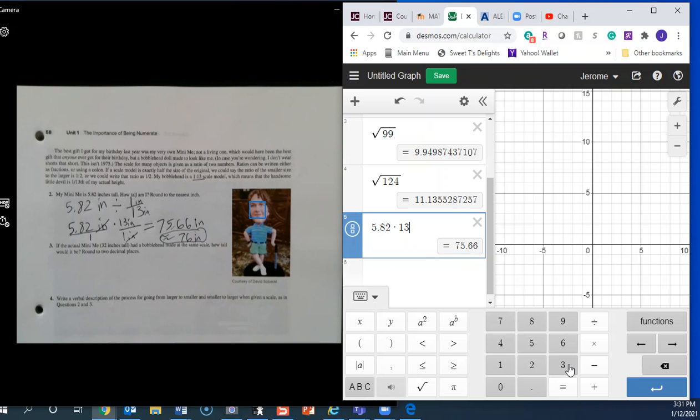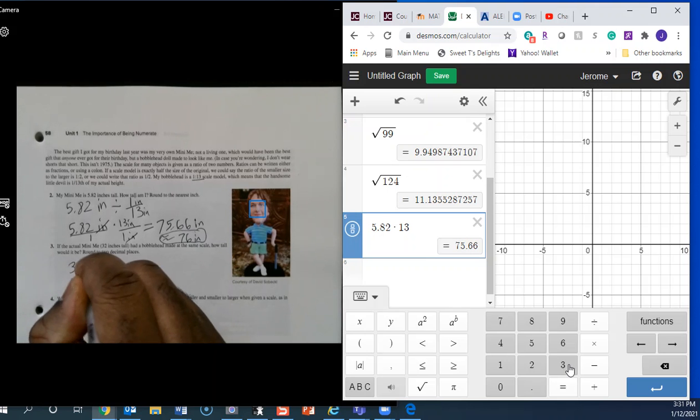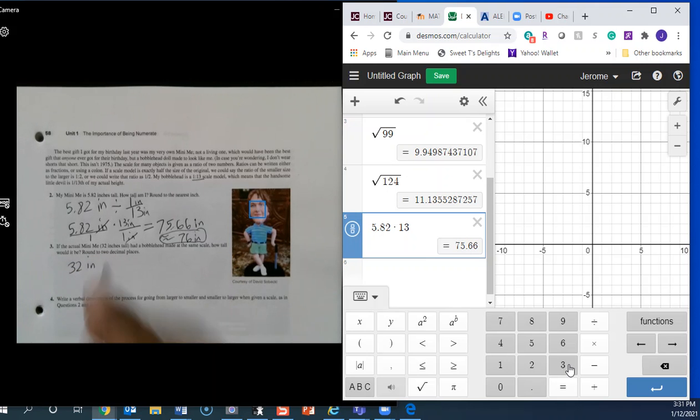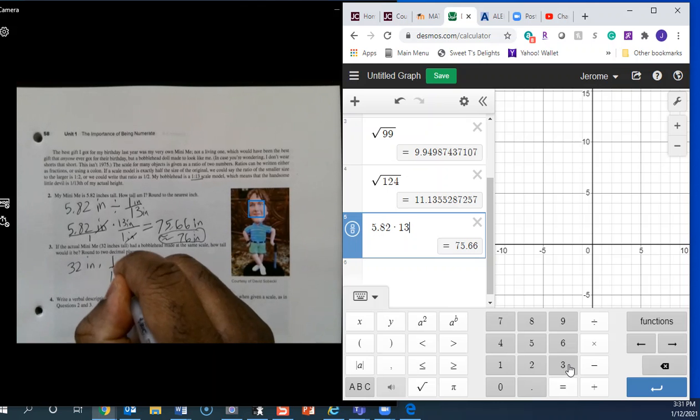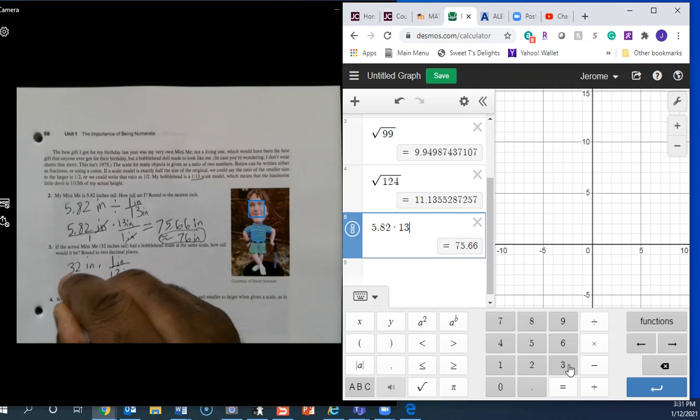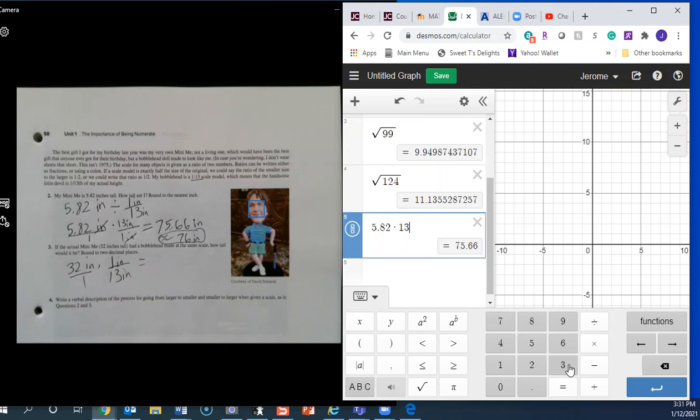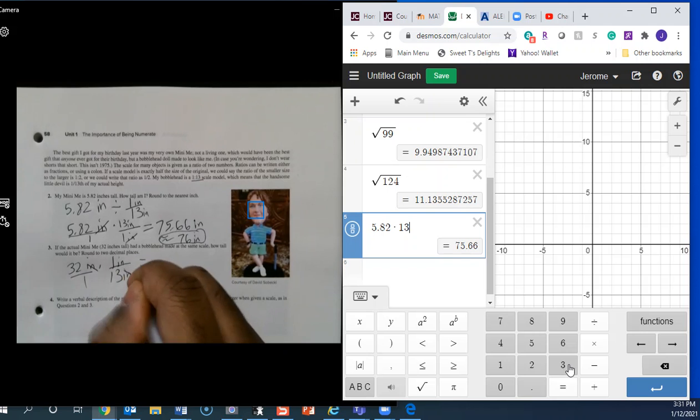Now it says number 3, if the actual mini-me, 32 inches tall, had a bobblehead made at the same scale, how tall would it be? So the actual mini-me is 32 inches tall. We'll multiply by 1 over 13, or 1 inch over 13 inches. And then we would simplify out the inches.